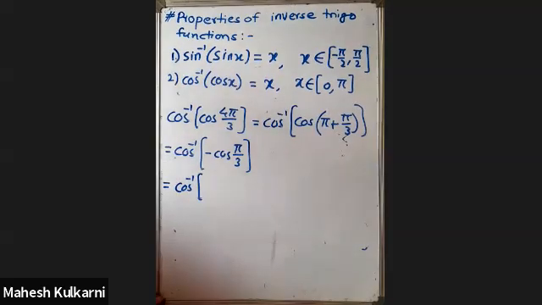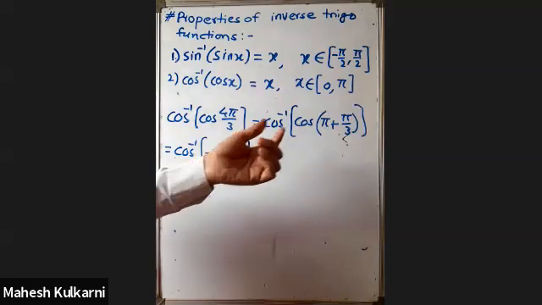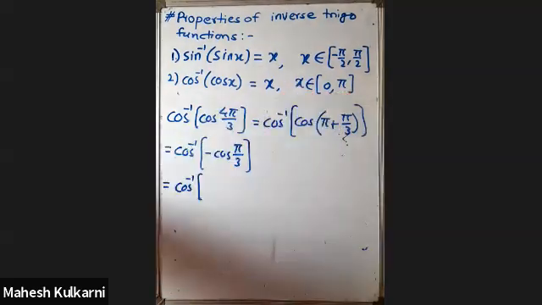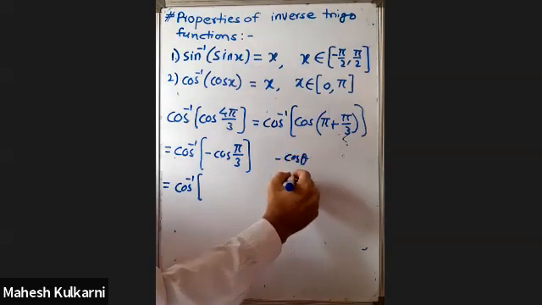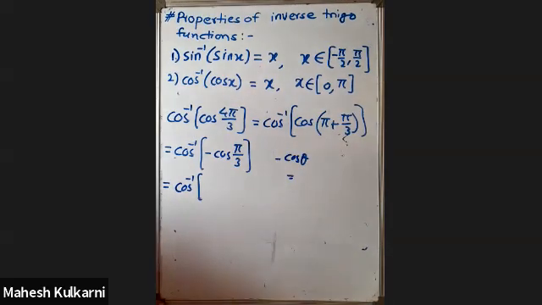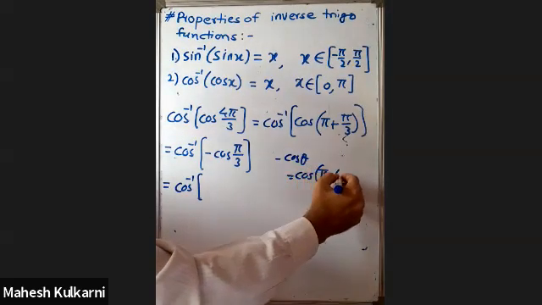So cos inverse of, now how can we rearrange this value such that we get a value in the 0 to pi interval? Minus of cos theta is equal to cos of pi minus theta.